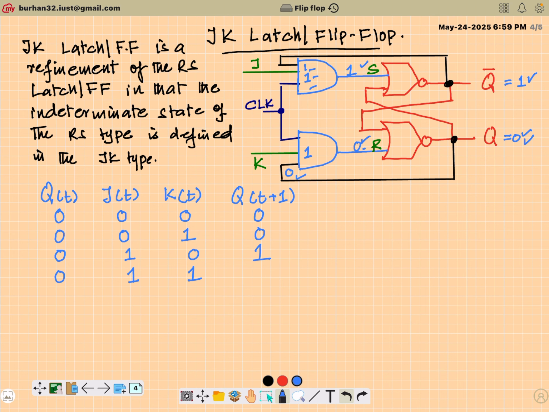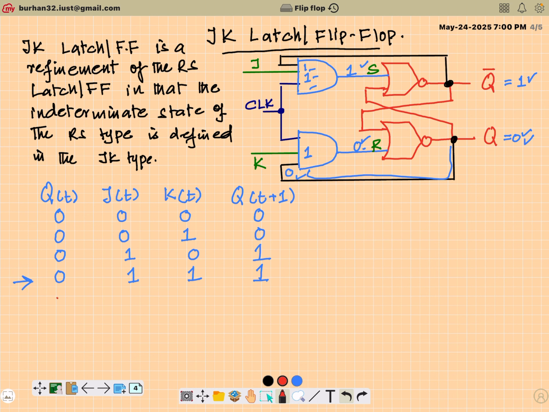Now J is 1, K is 1, but in the lower AND gate, because of this feedback connection, R will still be 0. And in the upper AND gate, it will be Q bar 1, J is 1. So we'll still have the condition S equal to 1, R equal to 0, which is the set state. And in the set state, the next output will be 1. So this is the condition that has been defined now. This no longer is an indeterminate state.